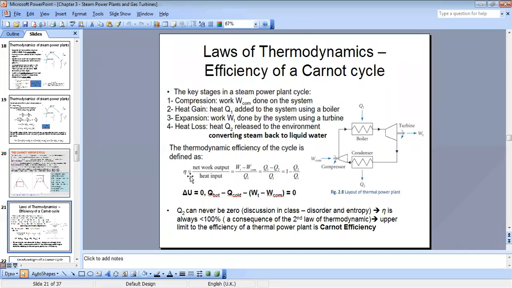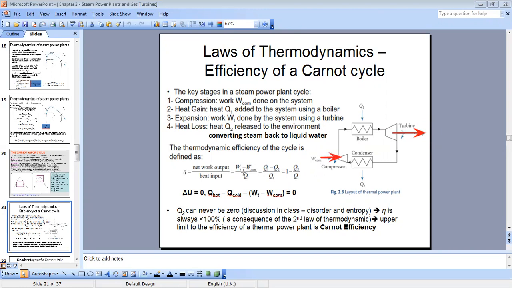So the net work produced by the cycle is what? We have seen that the turbine is producing work. It is giving a useful work. But on the other hand, for operating the compressor, I need to provide work to my system. This is why the net work output of my system is the work given by the turbine minus the work given to the compressor.